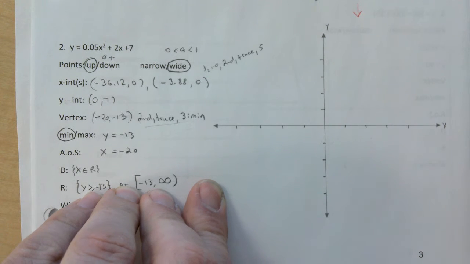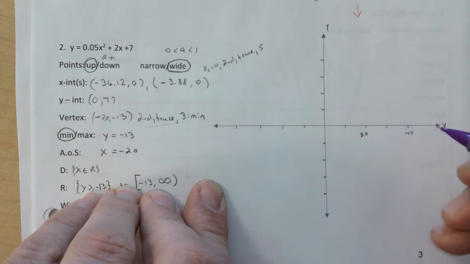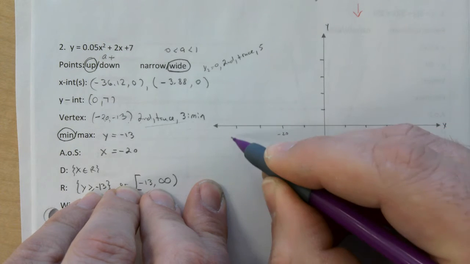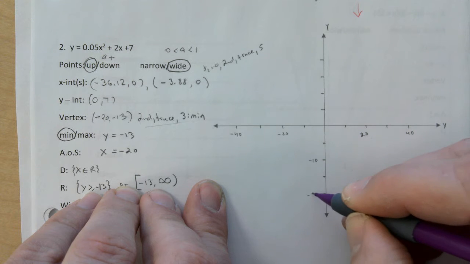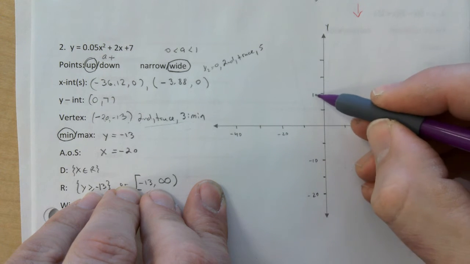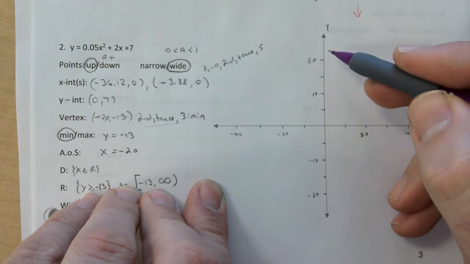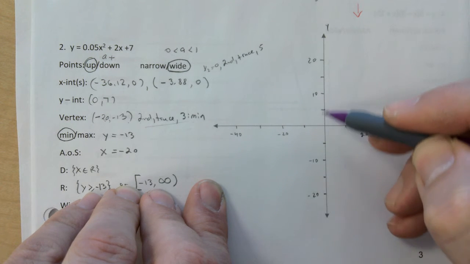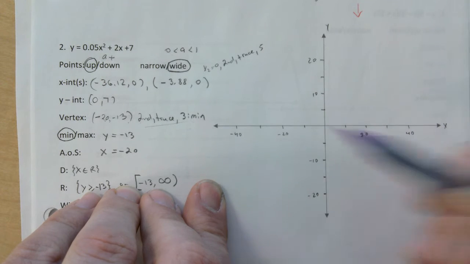Okay. So I'm going to maybe label every second one. 20, 40, negative 20, negative 40, negative 10, negative 20, 10, 20. So I'm consistent within the axes, right? So I'm going scale of 5 here, scale of 10 here, okay?